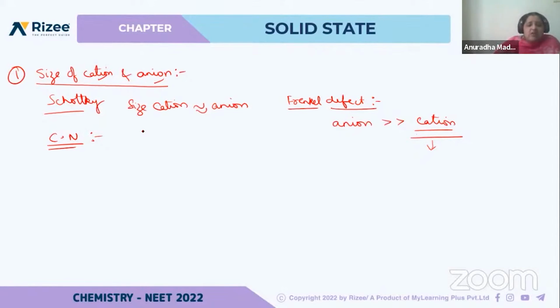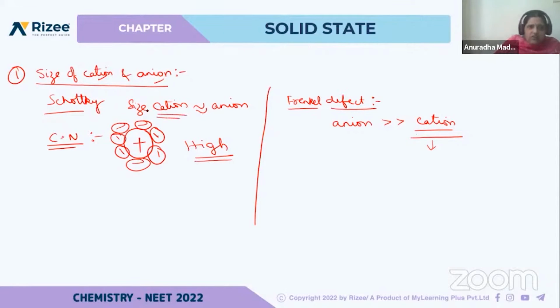When the size of the cation is more, a greater number of anions should surround the positive charge. So coordination number will be high in case of Schottky defect.